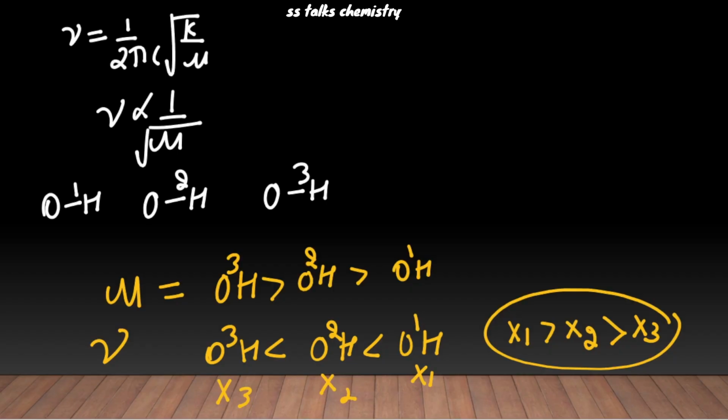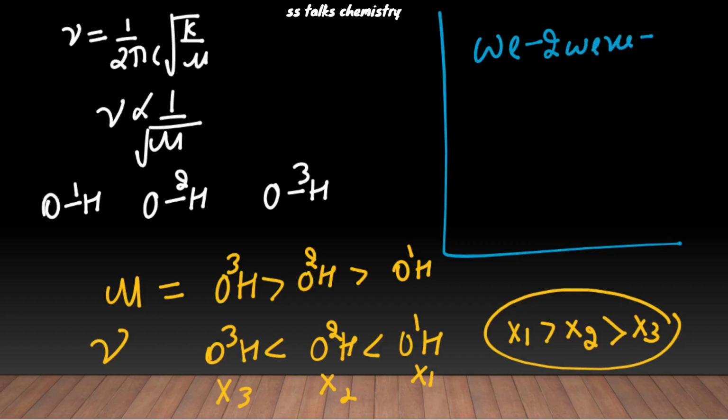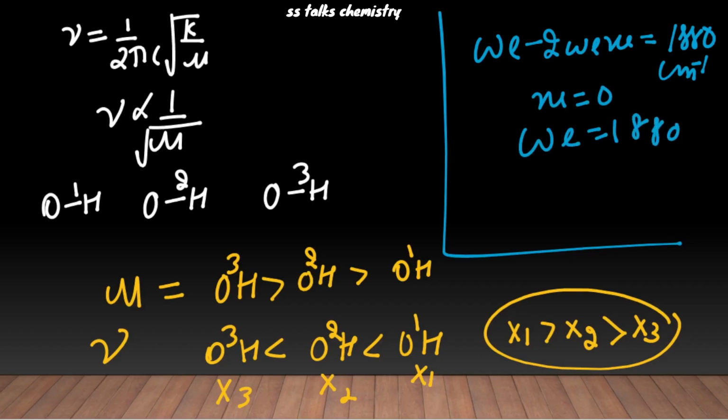So let's do this. Here only we can solve it. Firstly, omega E minus 2 omega E xe is 1880 centimeter inverse. If I consider the xe value as 0, then omega E will be 1880 centimeter inverse. Now the first overtone will be at 2 omega E minus 6 omega E xe.